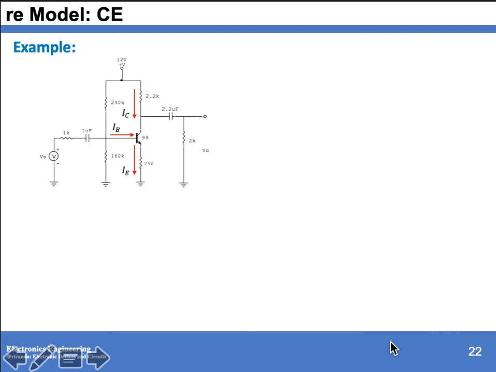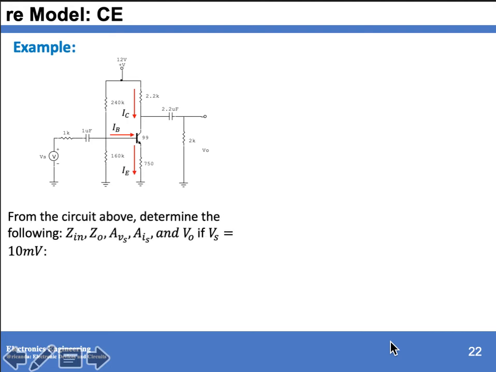So first, we have to get your RE so that we can solve for your beta RE. So using DC analysis, since this is a voltage divider bias, you have to use Thevenin's theorem.